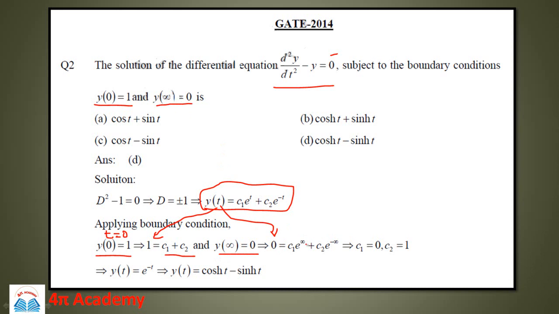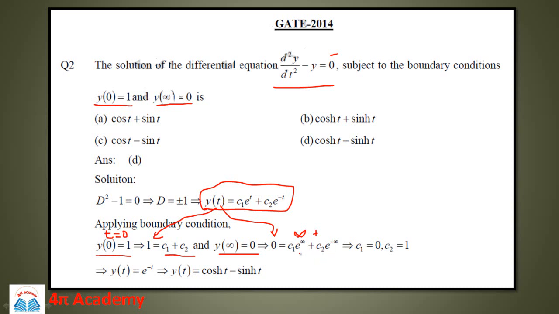So e raised to power infinity is infinity, and therefore this will be equal to infinity plus this term, which is c2, into e raised to power minus infinity, which is 1 upon e raised to power infinity, and 1 upon e raised to power infinity is 0.